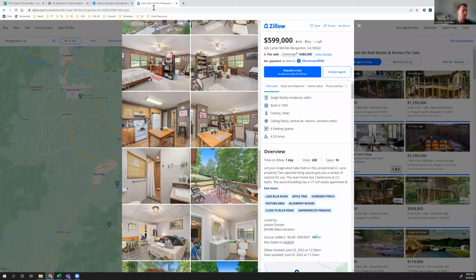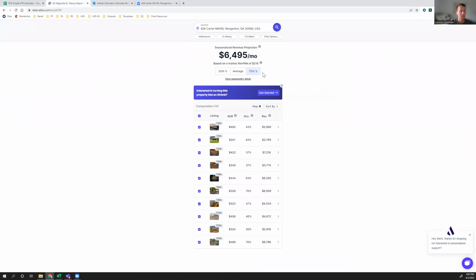And I also think that if I could bring this one up to the 75th percentile, I know that my marketing capabilities are worthy of a top 25% performer. If I can get the property up to those standards, I can get 6,500 a month, which, extrapolated out, I'm going to calculate really quick. 6,500 a month times 12 is 78,000.